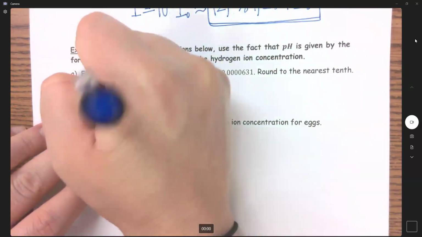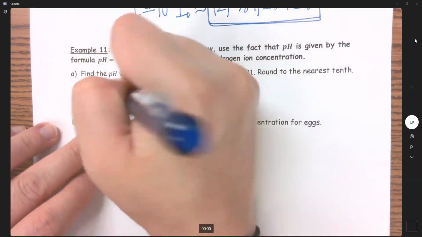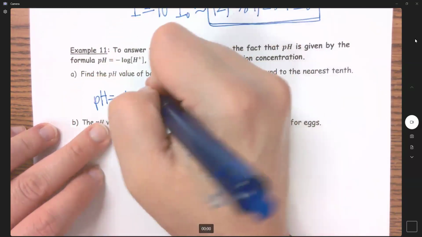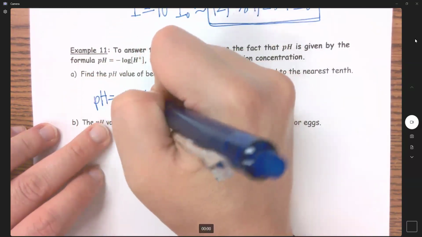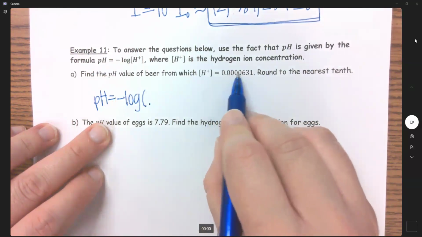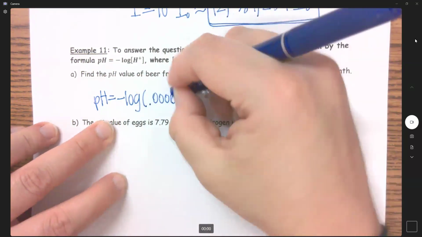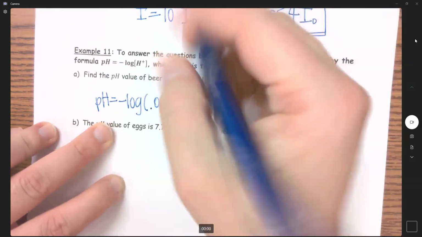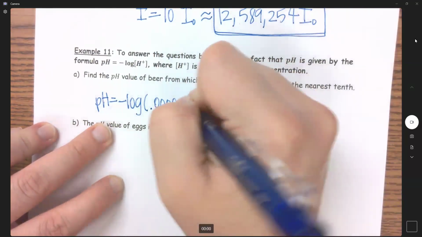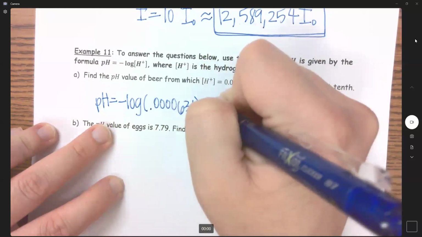So we have pH equals negative log of 0.000631.